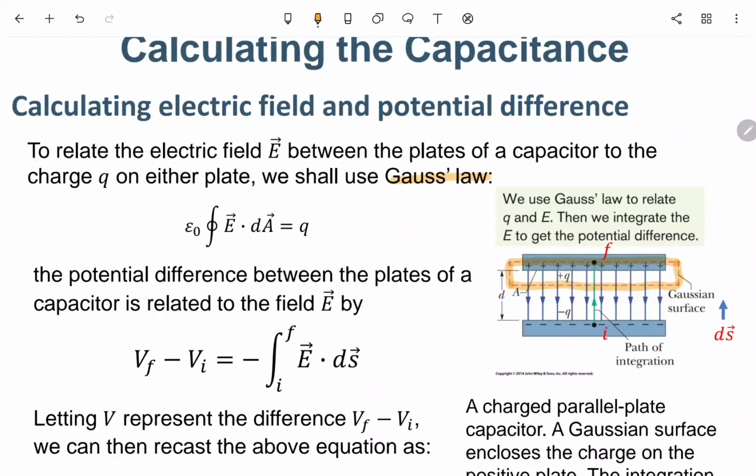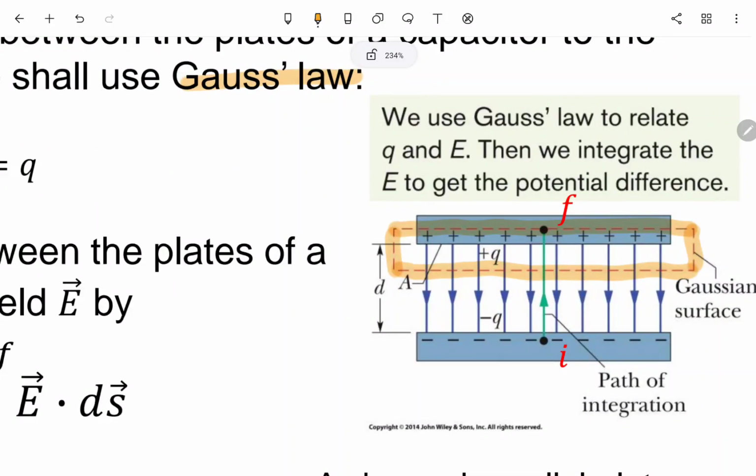Let's see, and here we define this point to be the initial point and this point to be the final point. The initial point is in the negative terminal, and the final point is in the positive terminal. Because it's a conductor, the whole conductor has the same potential.